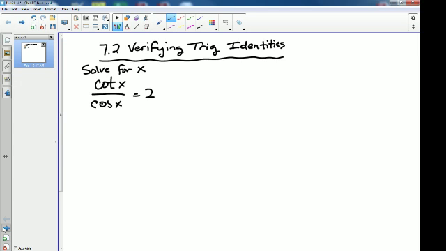That's one way to ask. You might see find a numeric value of the trig function. Okay. Our end goal for this entire chapter is to be able to solve these equations for x.